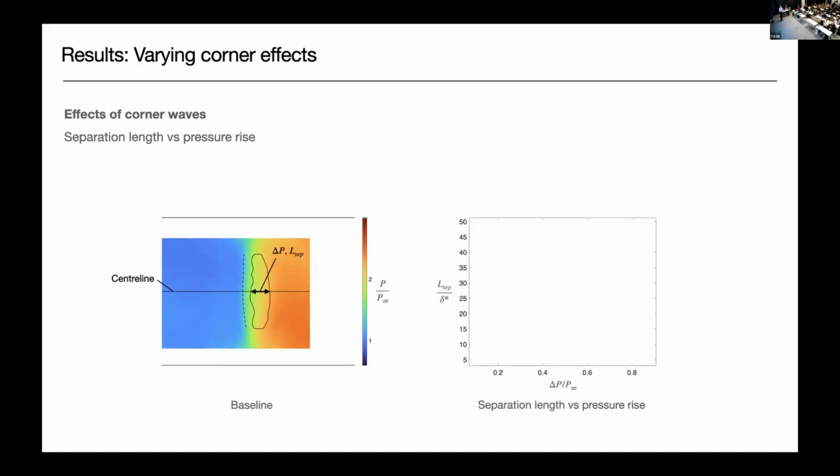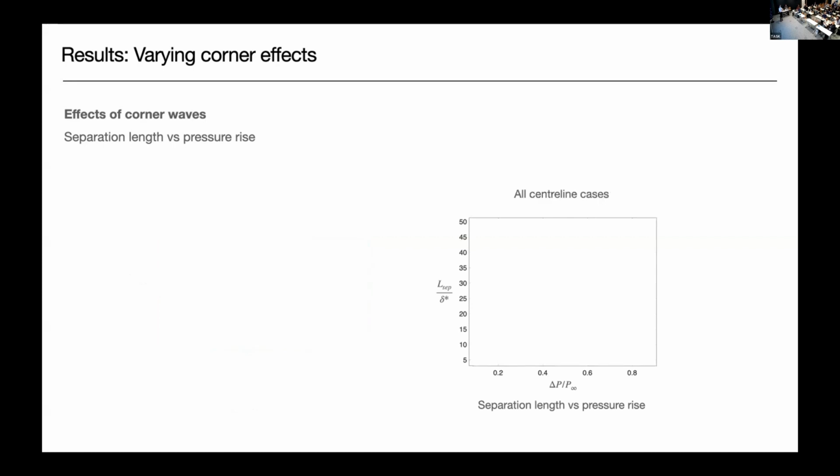Okay, so we're going to plot separation length versus that pressure rise, and this is where the baseline case sits. And then if I include all these 19 different cases, that's what we get. Okay, so we get a clear correlation between the separation length and the pressure rise along the center line. You can draw a fit through that.